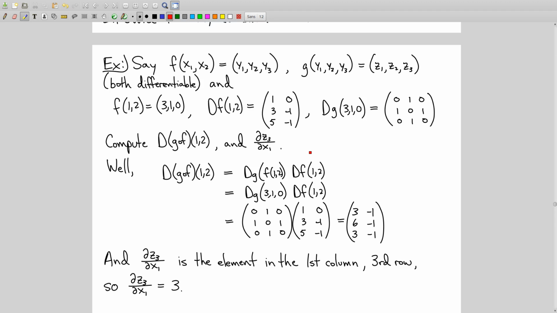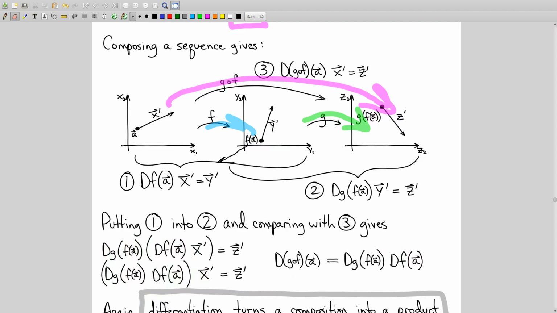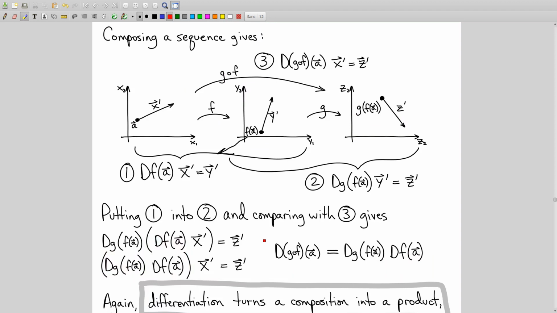Good news, the order that you write them down in the composition is the same as the order that you write them down in the product. That's nice. So easy little memory trick there. Handy. Here's the bad news. If you go back to the diagram, this is the diagram for the chain rule as I've written it down here.